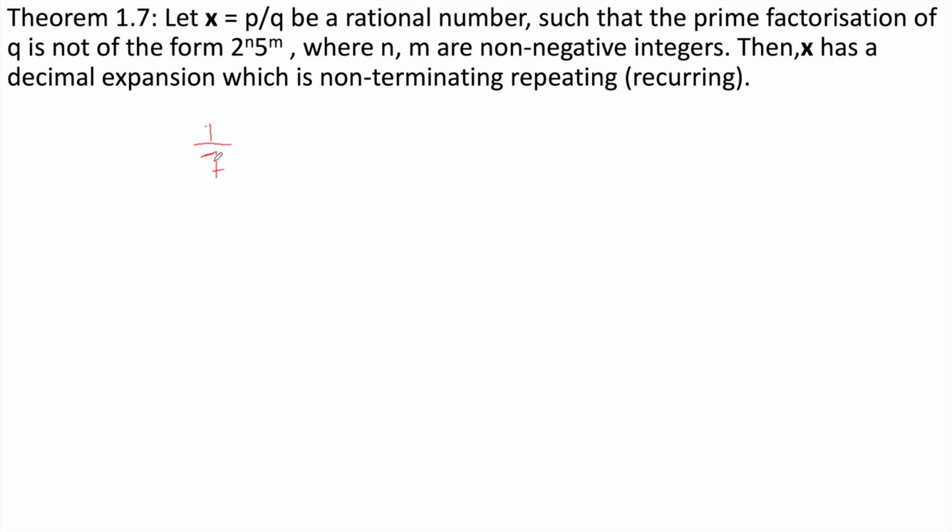Check the denominator. P and Q are coprimes, and the denominator is not of the form 2 raised to n, 5 raised to m. 7 is a prime number, we cannot factorize it again. So for this kind of number the decimal expansion will be non-terminating, and for a rational number it will always be recurring, a non-terminating and recurring decimal expansion.